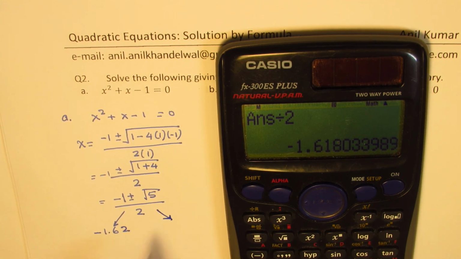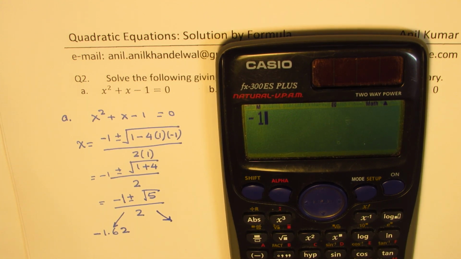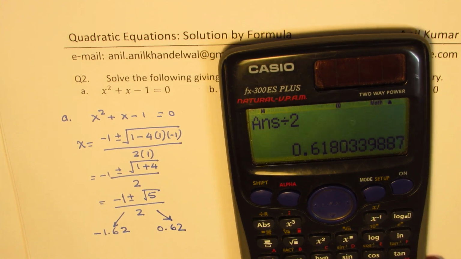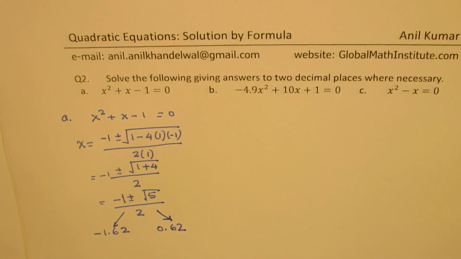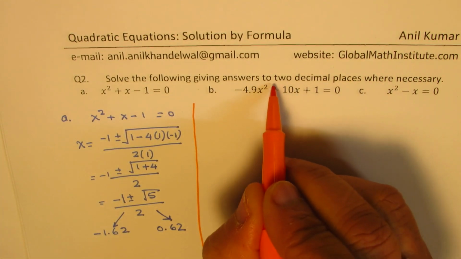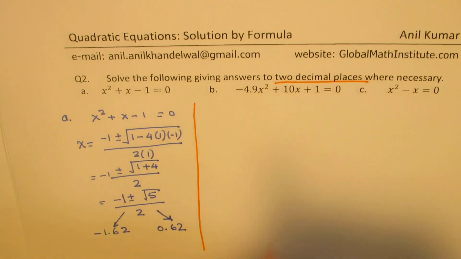The other one will be minus 1 plus square root of 5 divided by 2. And this is 0.618, or 0.62. Okay? So these are the 2 solutions for the given equation, and they have been rounded to 2 decimal places. Perfect. So we have to round them to 2 decimal places.